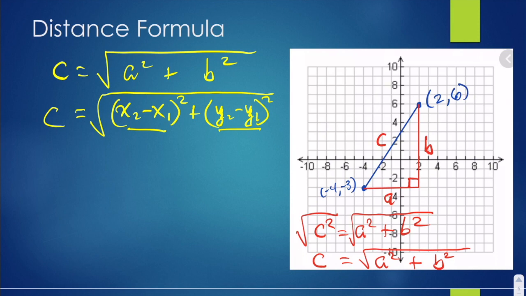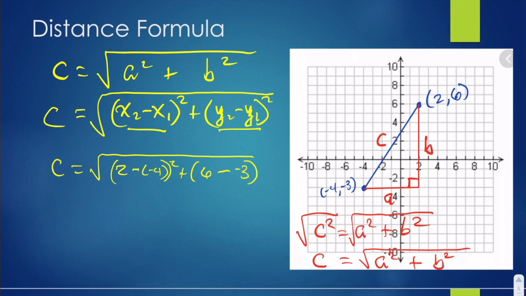So let's just do this for real now. We're going to say that the length of C is going to be x2, which is 2, minus -4, that squared, plus y2, which is 6, minus -3, and that difference squared.